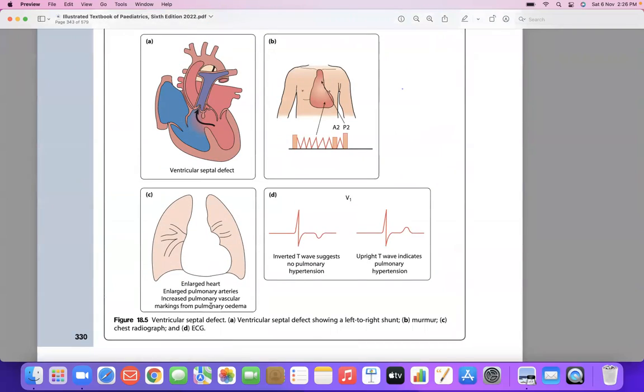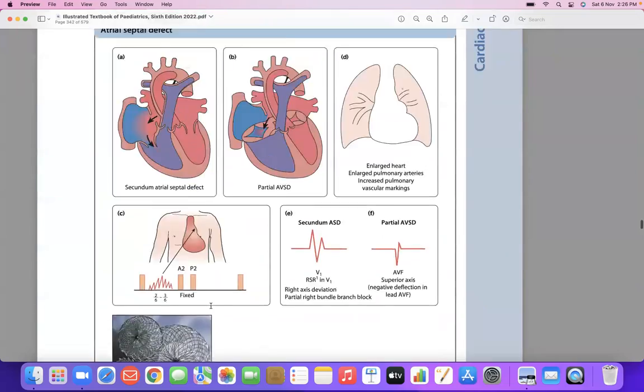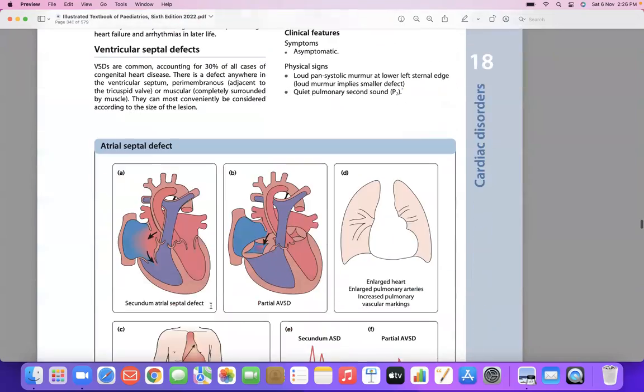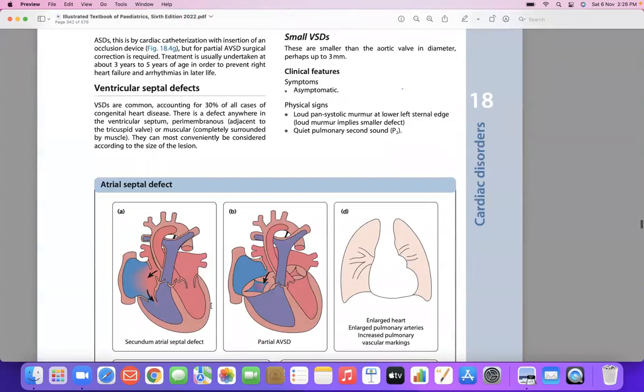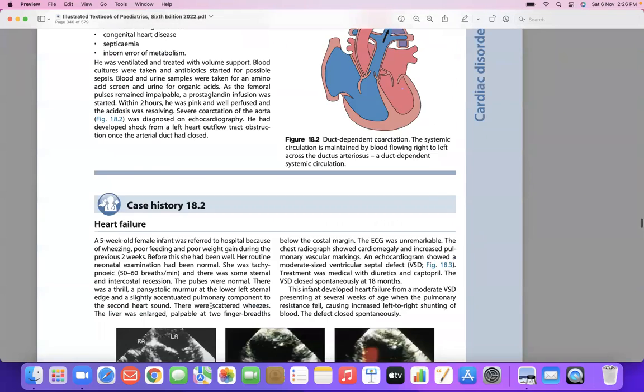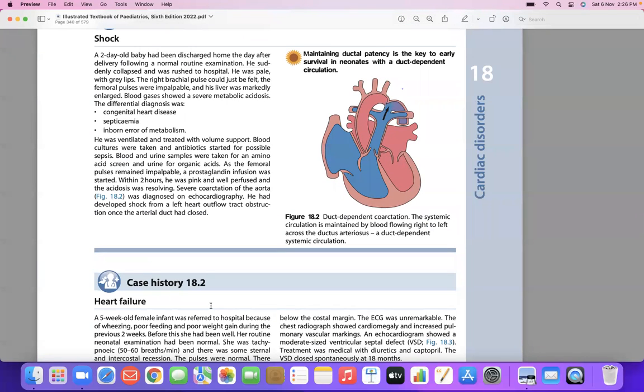Presentation will definitely be late. The finding could be hypertension. Besides that, they can present with chest pain. Secondly, on examination, you will find hypertension with femoral delay.